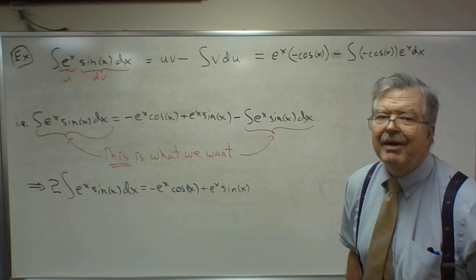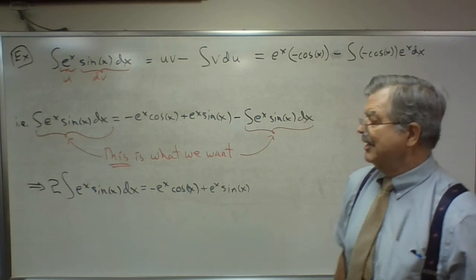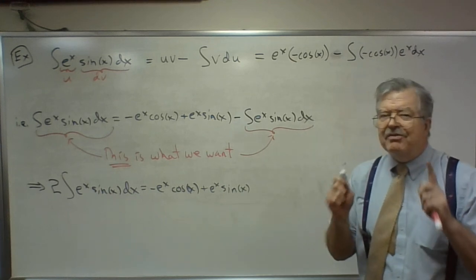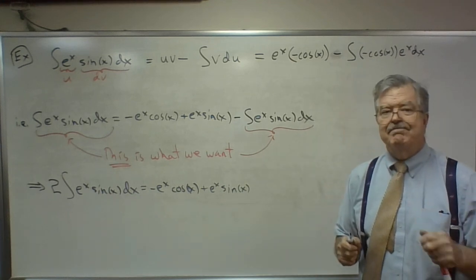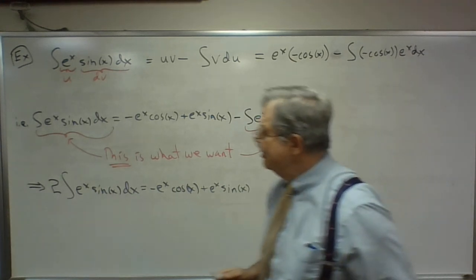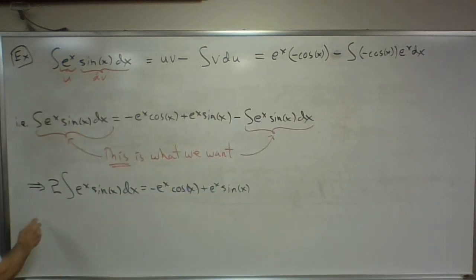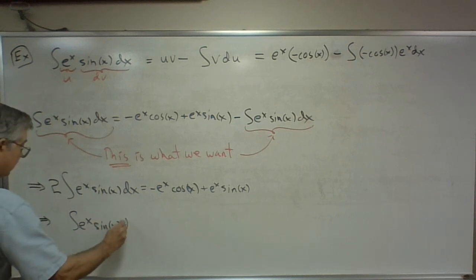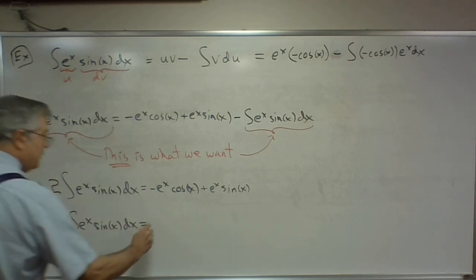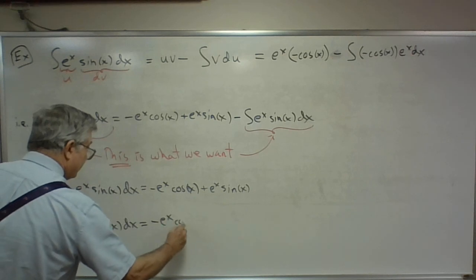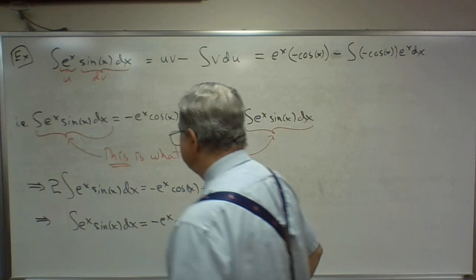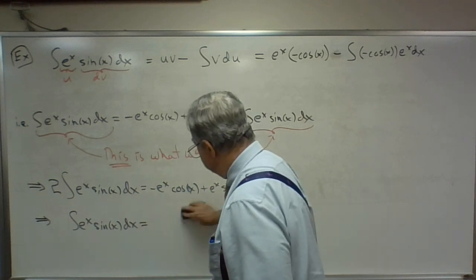So what do we do now? Just divide both sides by that 2, right? You've got it. Whoops, I did say divide both sides by 2, didn't I?